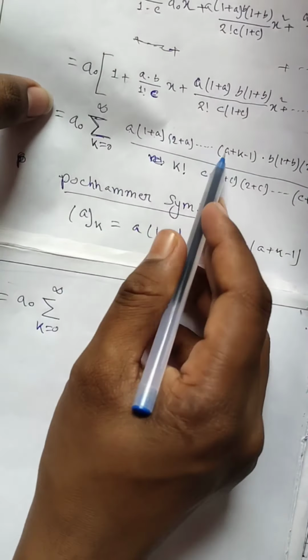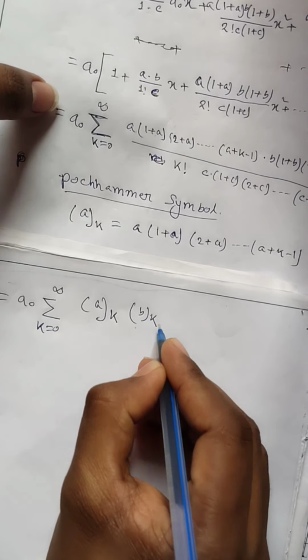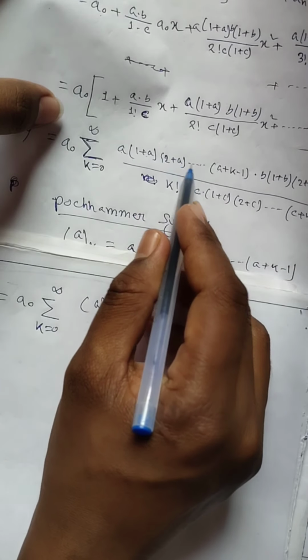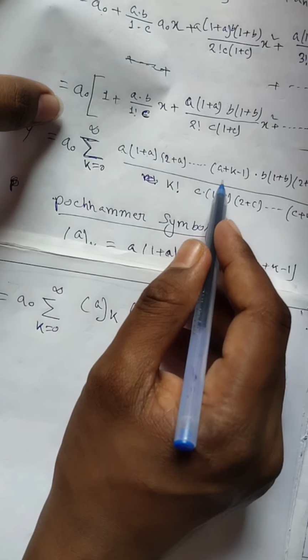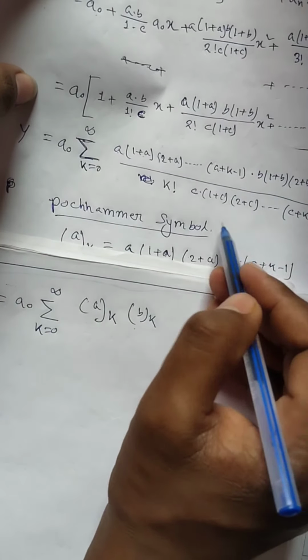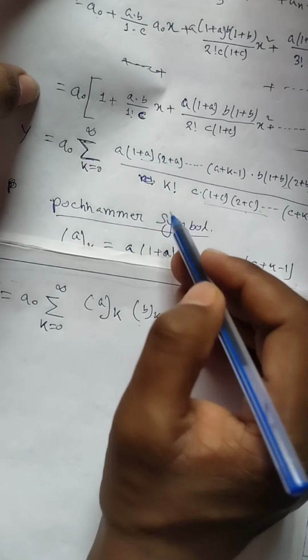In this term we get ak and bk, because a into a plus 1 into a plus 2 up to a plus k minus 1 means ak, and similarly bk, and in the denominator ck and k factorial.